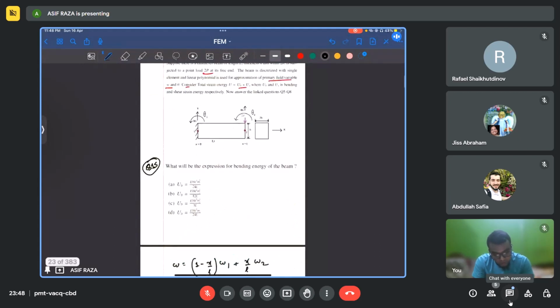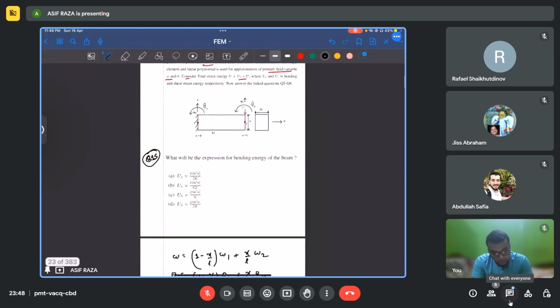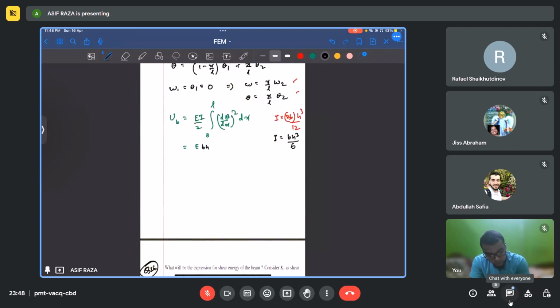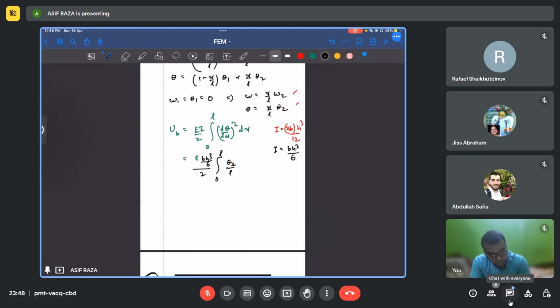See if I'm doing it correctly. Yes, H cube by 6. So we have E B H cube by 6 by 2, integral 0 to L, d theta by dx would be theta2 by L, whole square dx. This is E B H cube by 12, integral 0 to L of theta2 square by L square.